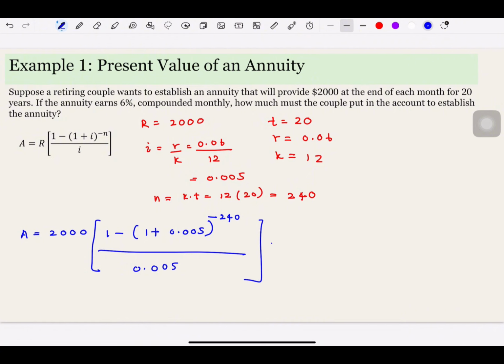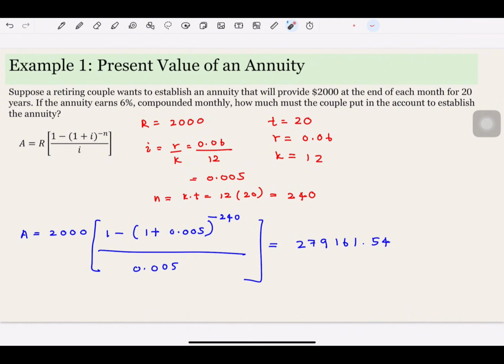Now you can use your calculator to simplify this and you'll get $279,161.54. That means the couple can receive a payment of $2,000 at the end of each month for 20 years if they put this much money into their annuity.